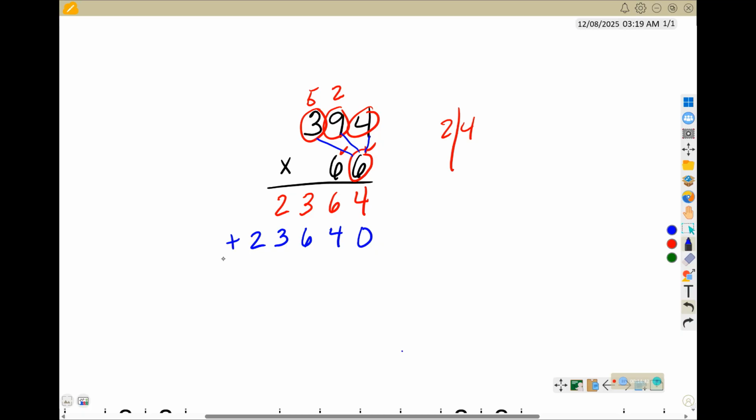And now we can add them up. 4 plus 0, 6 plus 4 is 10, 6 plus 4 is 10, 3 plus 3 is 6, and 2. 26,004.